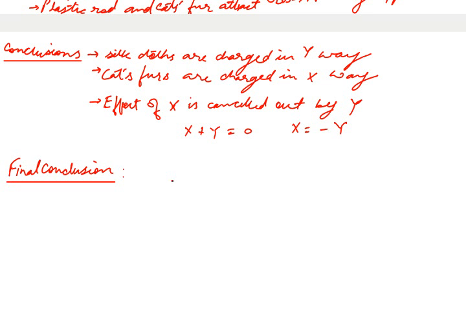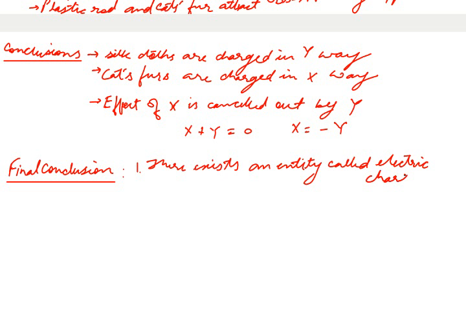So the first conclusion from the experiment is: something happens to the objects when they are rubbed together. There exists an entity which we named as electric charge, or sometimes we simply call it charge.